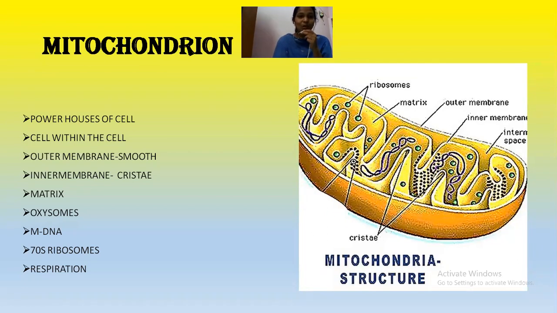That's why the mitochondrion is also called the cell within the cell, or a prokaryotic cell within the eukaryotic cell. The major function of mitochondria is associated with respiration and stored energy. That's why it is popularly known as the powerhouse of the cell. So this is the structure of the mitochondrion, which is also bounded by two membranes.